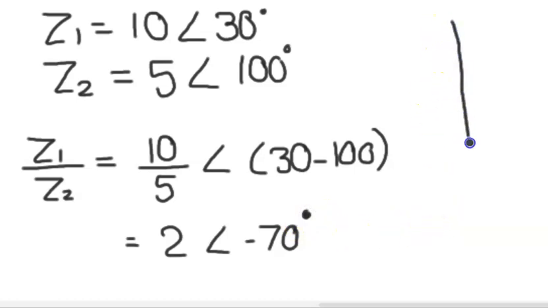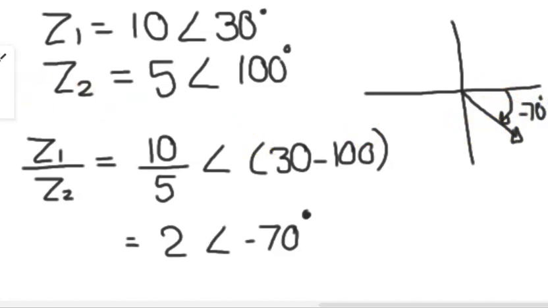Now if you look at the Cartesian plane, the negative 70 is going to be somewhere here. This angle is negative 70, because when we measure the angle clockwise, that's how we find the negative. But we don't want this angle at all. The angle I want is this one, measured anti-clockwise.